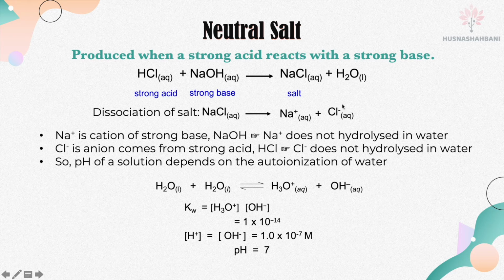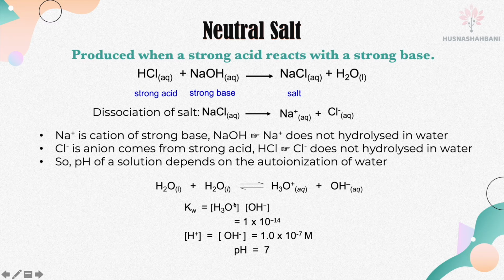Next, this chloride anion comes from the strong acid. The anion from a strong acid does not hydrolyze in water. So the pH of the solution depends on the ionization of water. For this one, H2O plus H2O gives H3O plus plus OH minus.